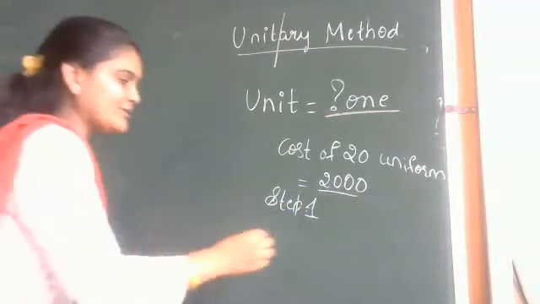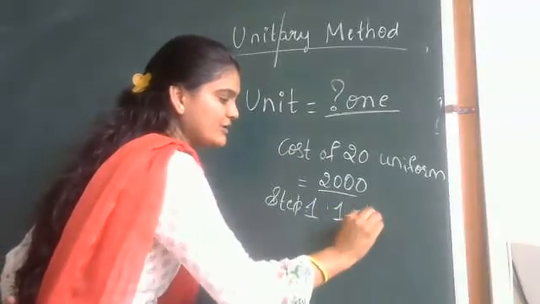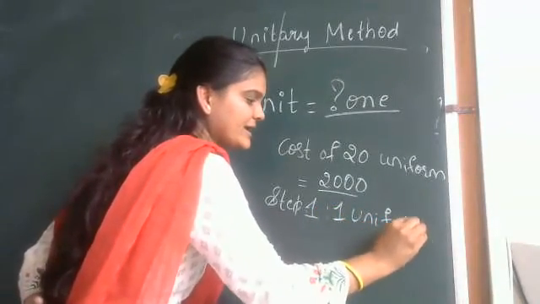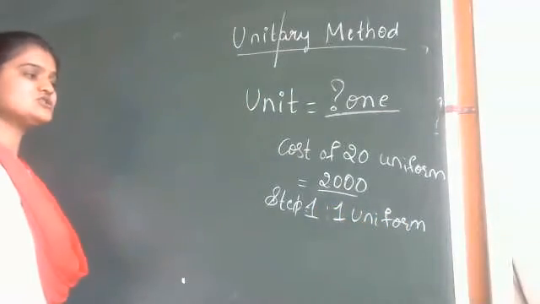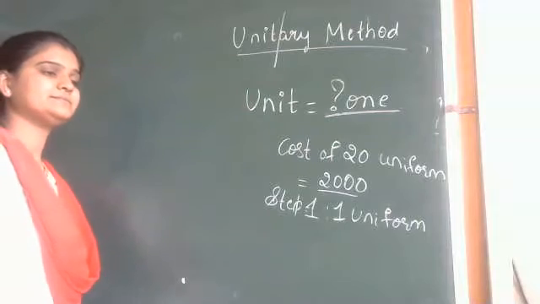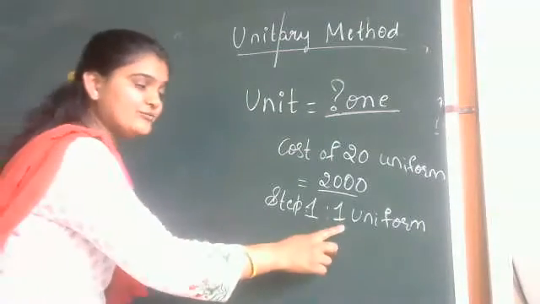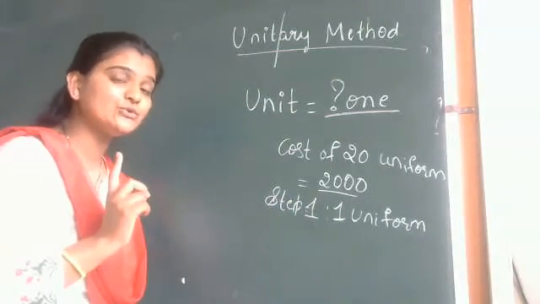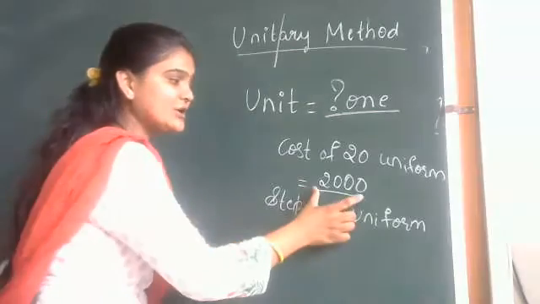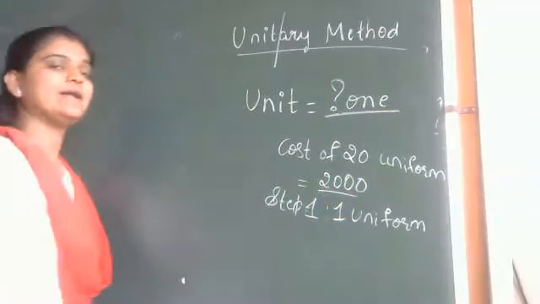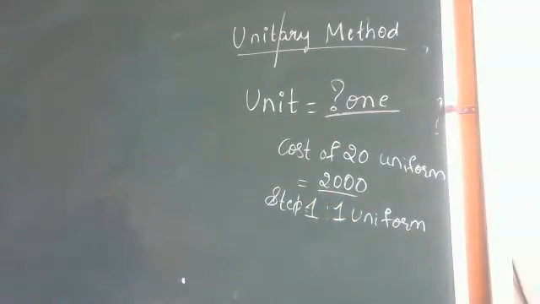You will have to calculate the cost of one uniform. And how do you do that, children? You will divide 2000 by 20. Yes or no?